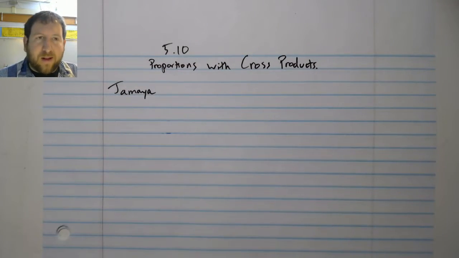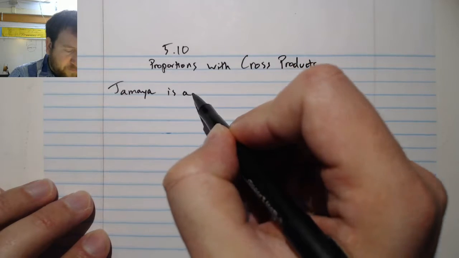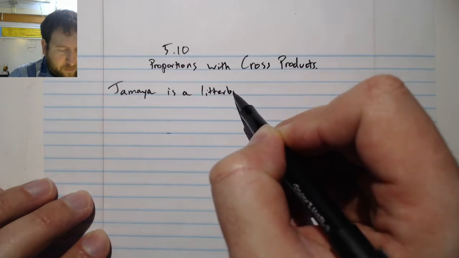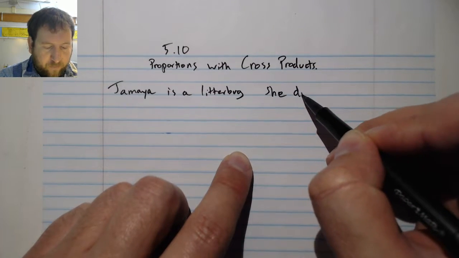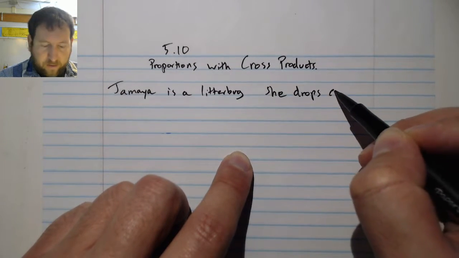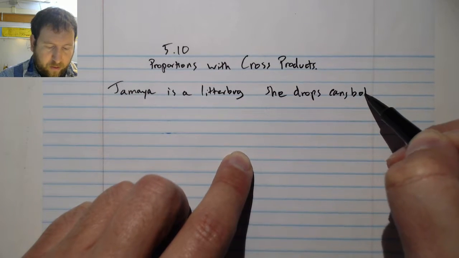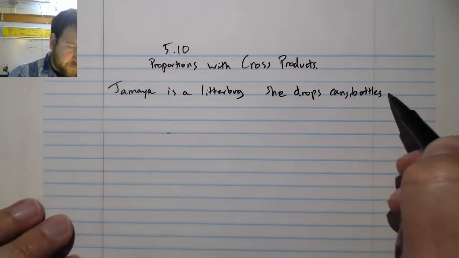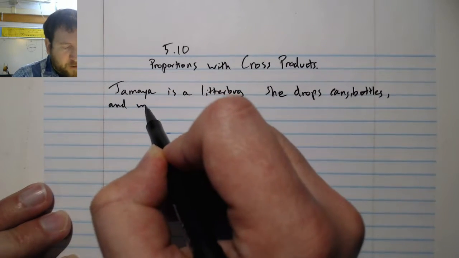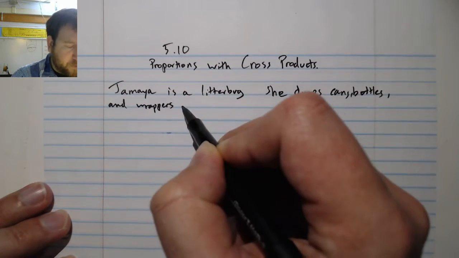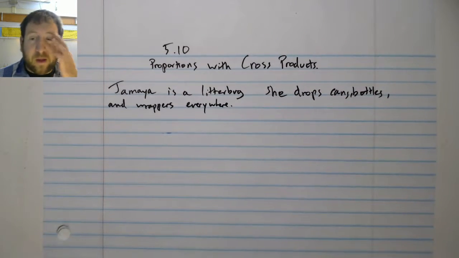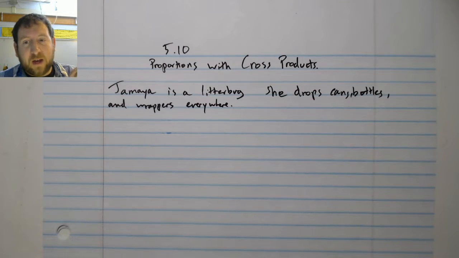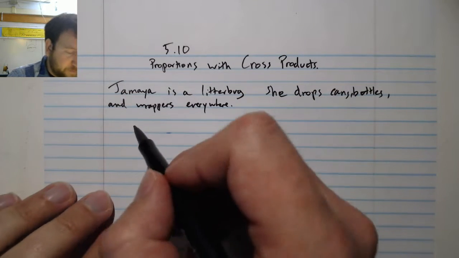And Jemiah is a litter bug. She drops cans, bottles, and wrappers everywhere. Well, she gets in trouble, and she has to then go on a cleanup to clean up litter.